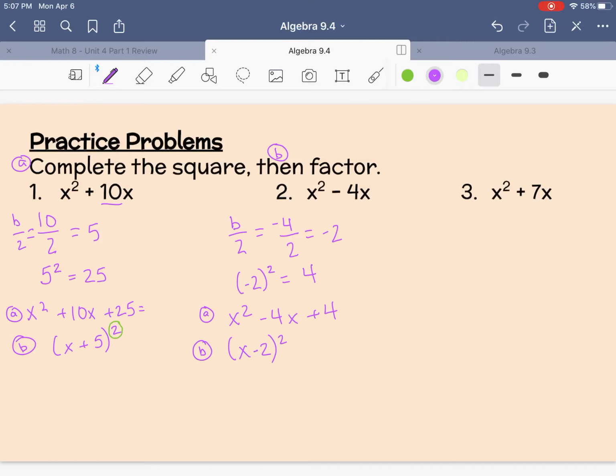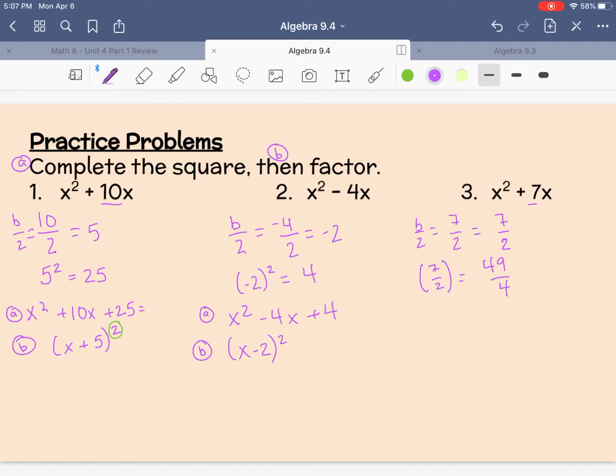On number 3, again, our b value is 7, and half of that is 7/2. And I'm just going to leave it as 7/2. If you want to change it to a decimal, more power to you. I'm leaving it though. And when we square 7/2, we get 49/4.